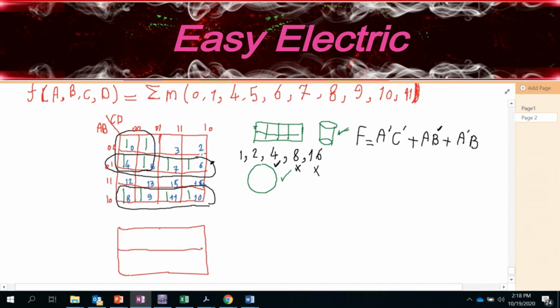I'm doing the same things, a similar table to the one you see on the top. I'm writing the same thing, okay? I'm not writing the number of the minterm, that's exactly the same as what you see here. So we have 1 here, 1 here, 1 here, 1 here, 1 here, 1 here, 1 here, and 1 here.